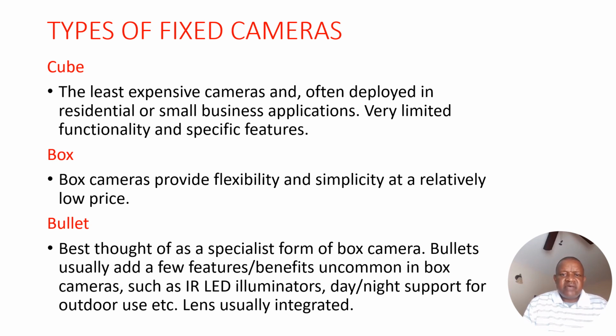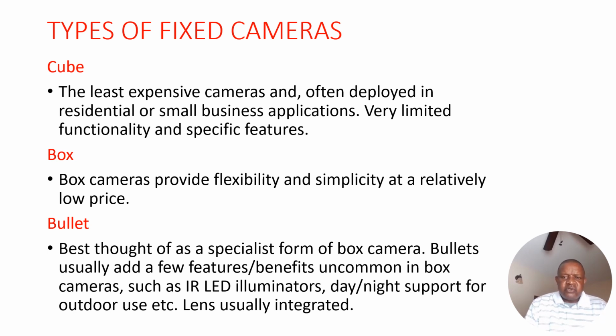Box cameras provide flexibility and simplicity at a relatively low price. And then we have bullet, best thought of as a specialist form of box camera. Bullets usually add a few benefits common in box cameras, such as IR LED illuminators, day and night support for outdoor use, etc. The lens is usually integrated in the bullet camera.